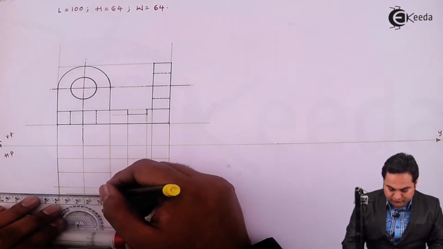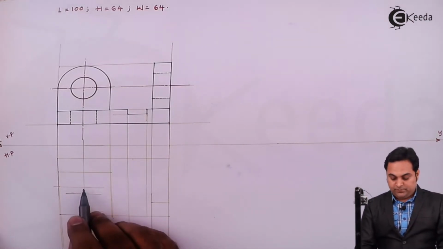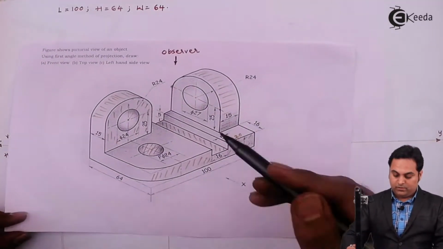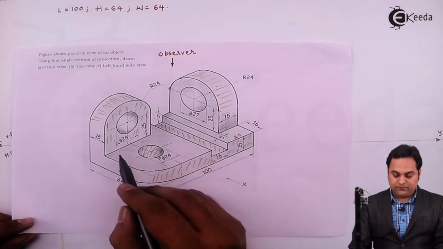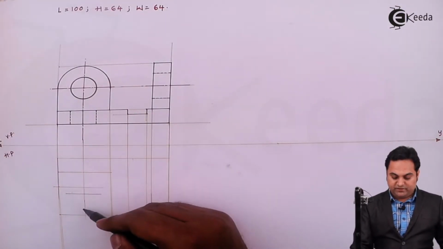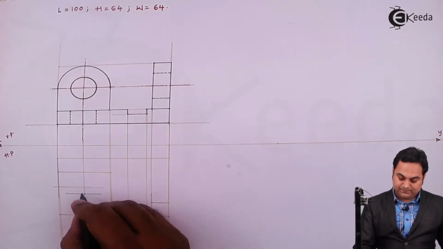So I am taking half of that so that it is located exactly at the center. Previously it was not at the center, but when we are looking from top, this hole is appearing exactly in the middle of this plate. So leaving 15 mm from one side, whatever is left, that is 49, I am taking half of that. This will be the center.